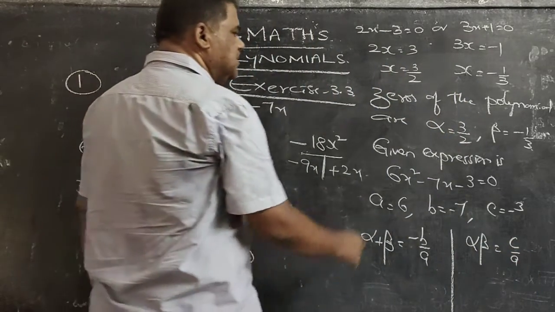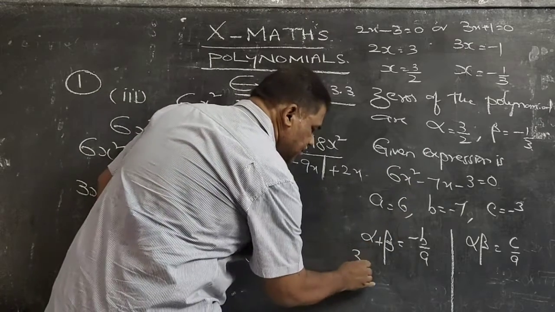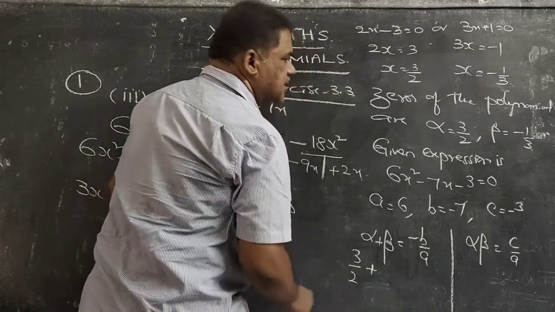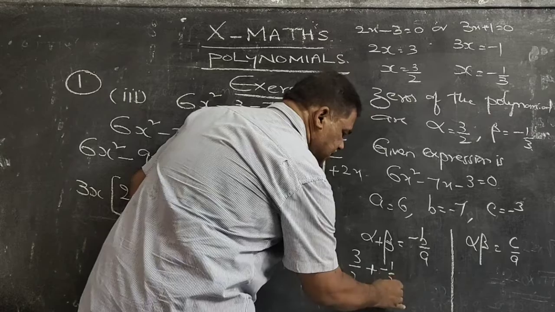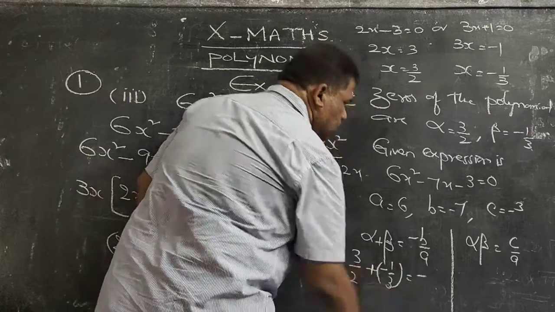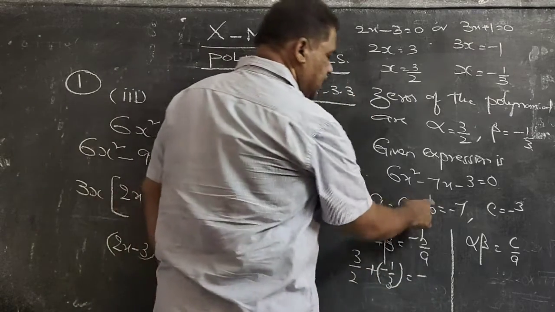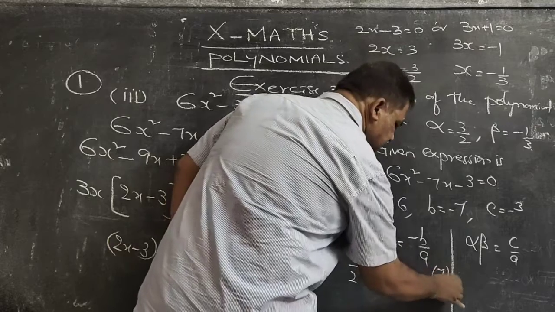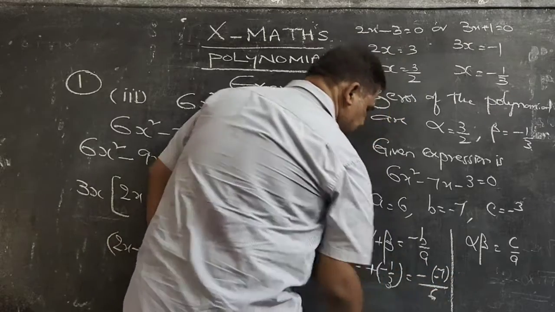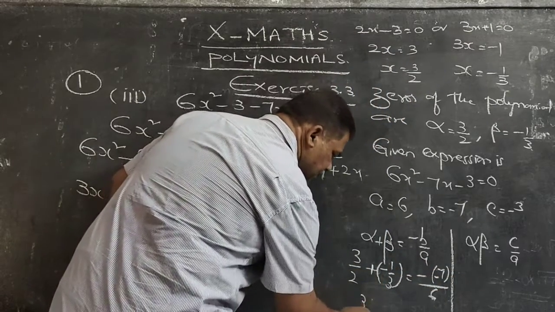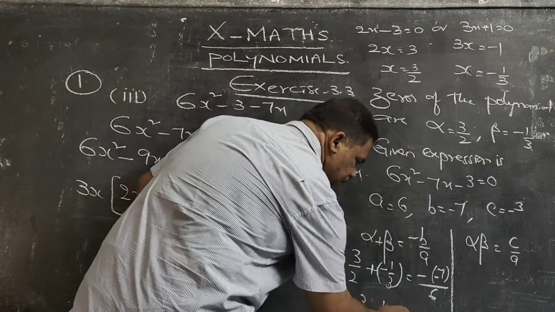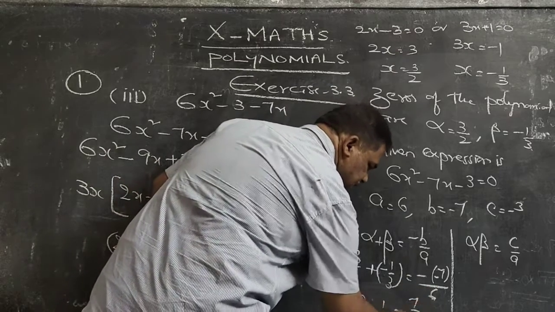Now alpha plus beta, alpha is 3 by 2 plus beta is minus 1 by 3, is equal to minus b by a. Minus b is 7, a is 6. So here 3 by 2 minus 1 by 3, and here 7 by 6.